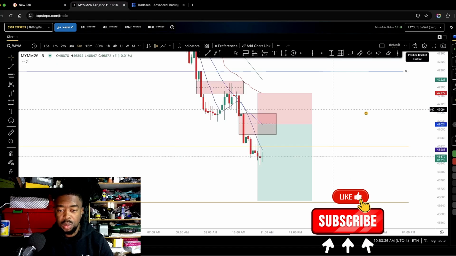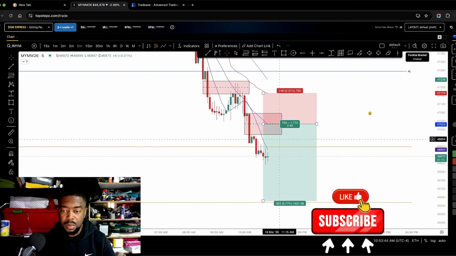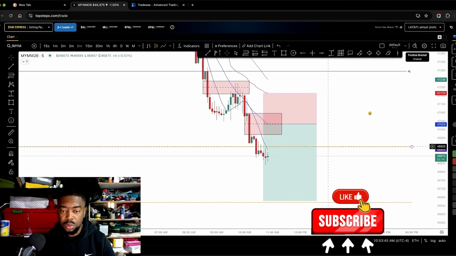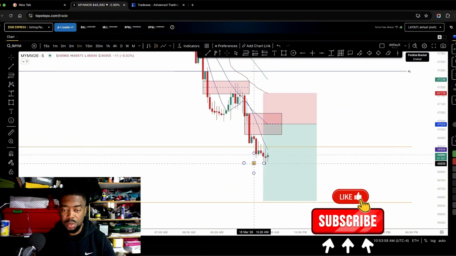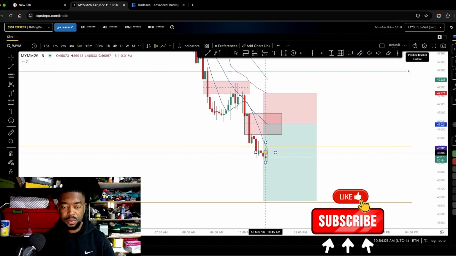Well, are we going to push back up? Looks like we are. But in this case, if we do push up, we're going to be pushing up from an hourly swing low, which is in the liquidity area right now, where it's picking up liquidity, taking out all those previous stop losses.